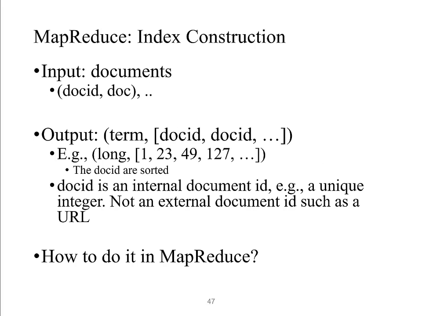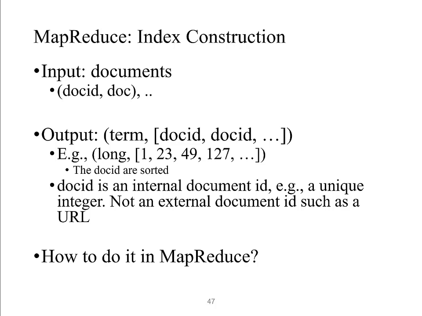So if we view the index construction from the MapReduce perspective, the first thing is to nail down the input and output. For index construction, the input would be a collection of documents.